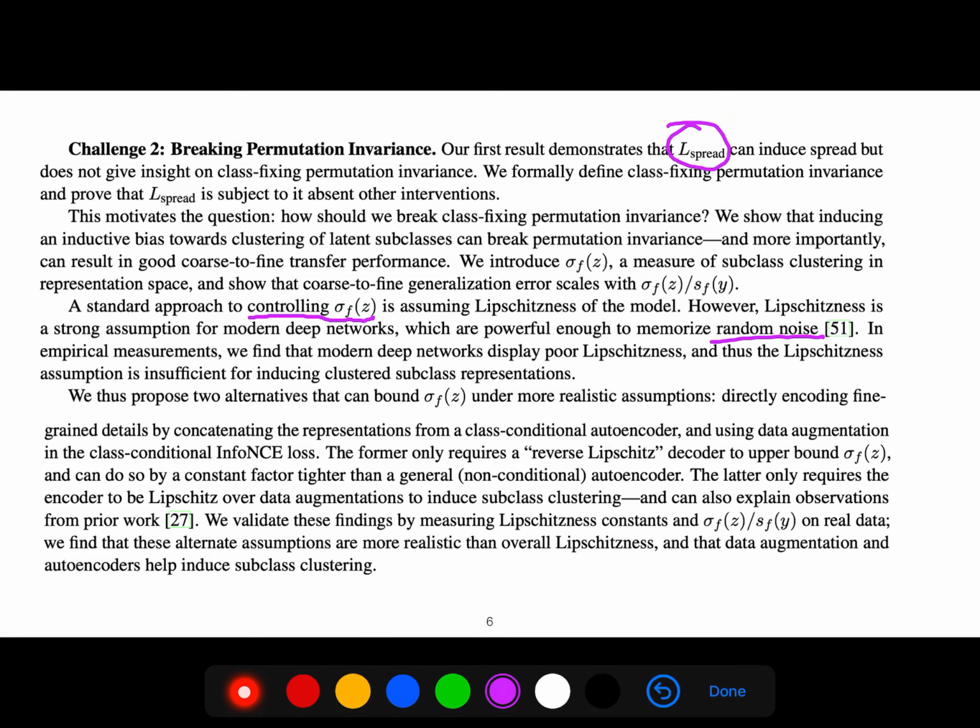We thus propose two alternatives that can bound sigma under more realistic assumptions: directly encoding fine-grained details by concatenating the representation from a class conditional autoencoder, and using data augmentation in the class conditional InfoNCE loss.